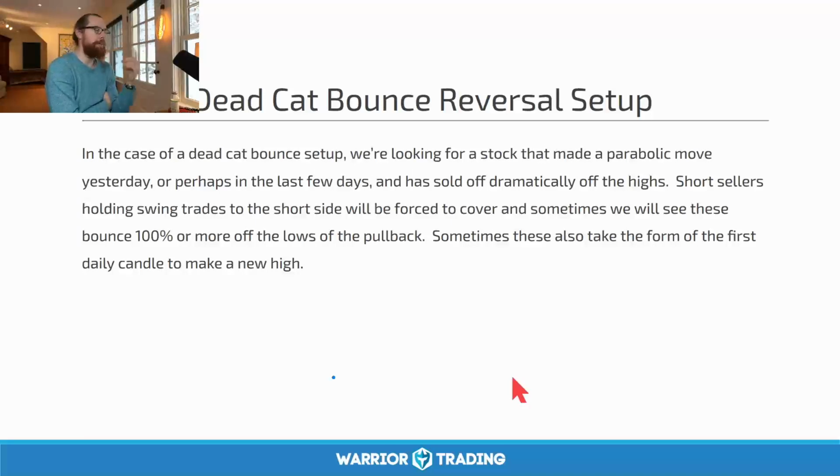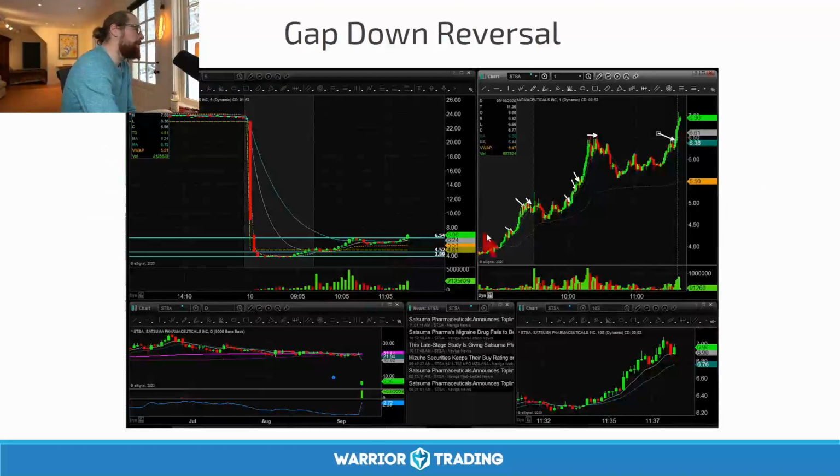The parabolic continuation, blue sky, those are all really valid. So maybe the next time I teach this, I'll move this whole bulk of daily conditions up to Chapter 3. The only problem is because they have so many charts, it's helpful to already really understand charts before we get into it. But in any case, this is a gap down reversal.